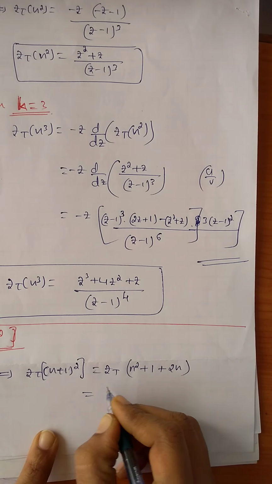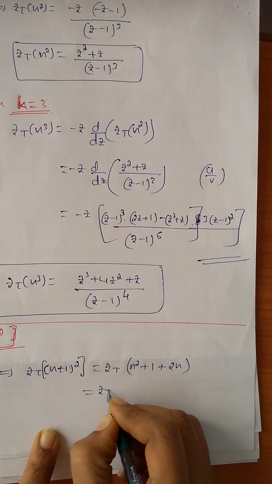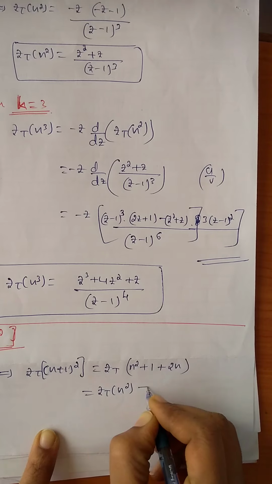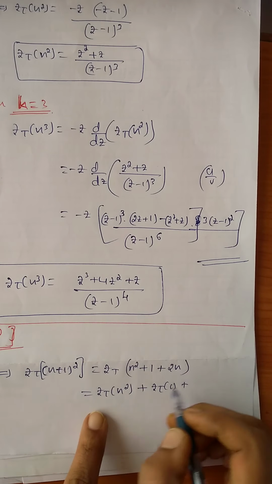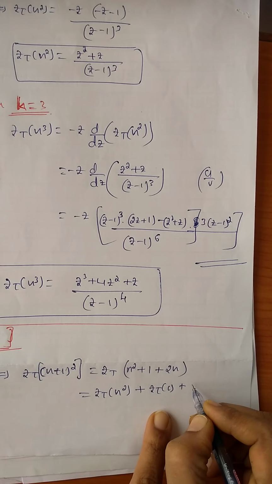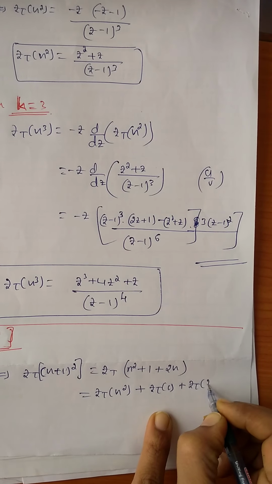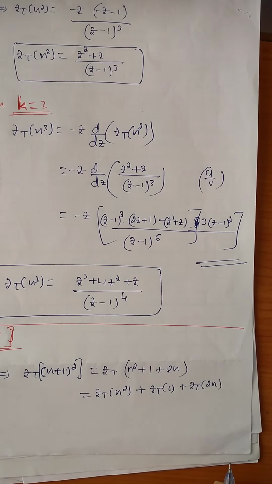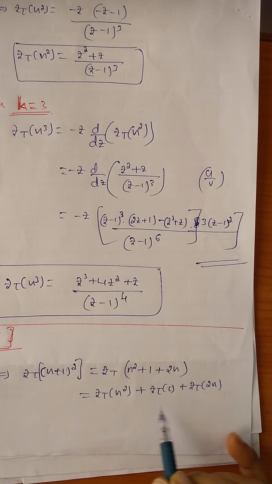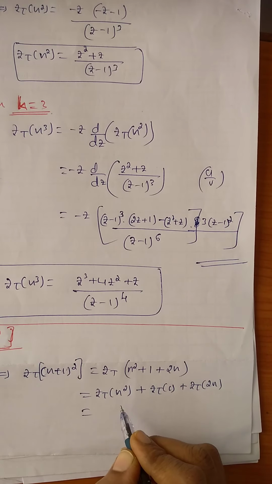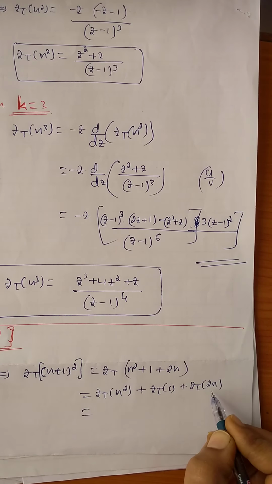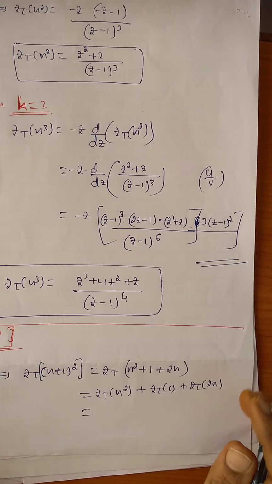Okay, next apply the z transform to each term. We will get the z transform of n square as the first term, the z transform of 1, plus the z transform of 2n as the last term. By using the linearity property we can apply the z transform to each term. We can split it like this. Then for each term apply the z transform of n square, 1 and 2n formula, and we will get the solution.